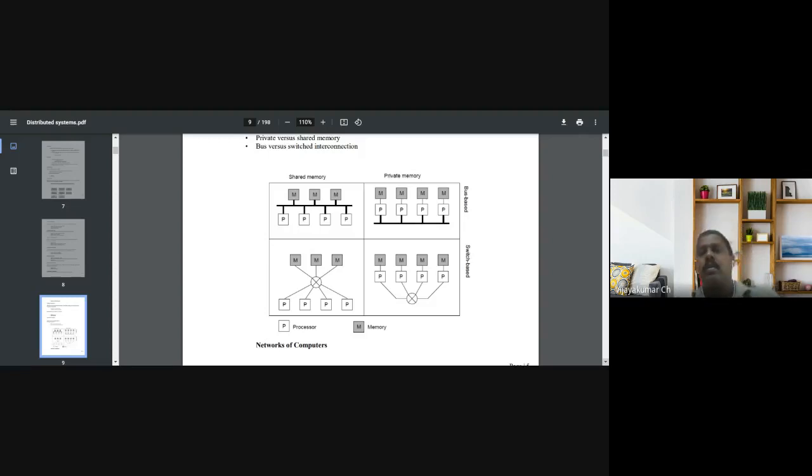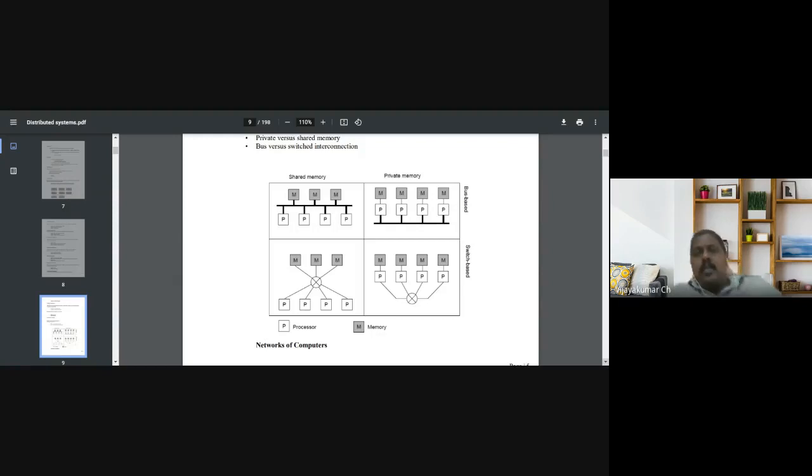In shared memory, the processors have to share the same memory. In private memory, every processor has its own individual memory. There are four processors, and these four processors contain four memories.